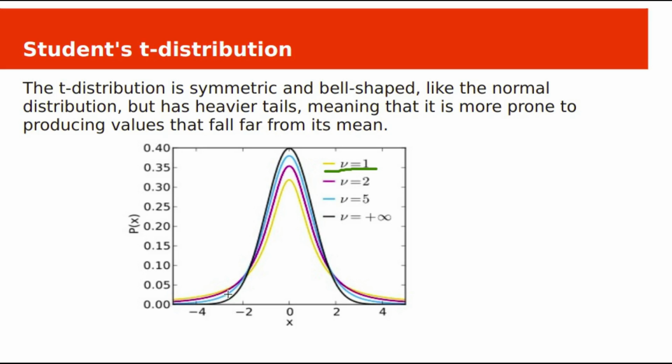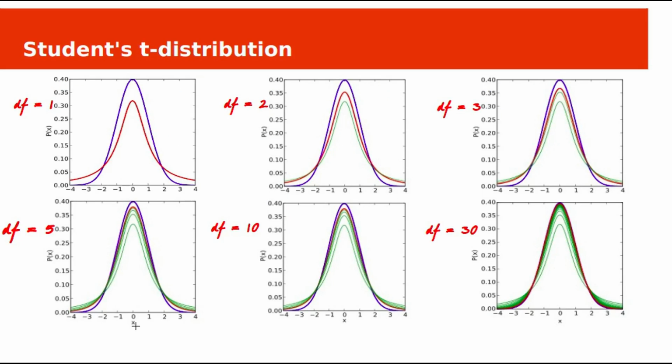For degrees of freedom 5, t-distribution will be like this, blue curve. This blue curve has lower tail area than this yellow curve. If degrees of freedom is more than 30, then the curve will be similar to this standard normal curve, this black thick curve.